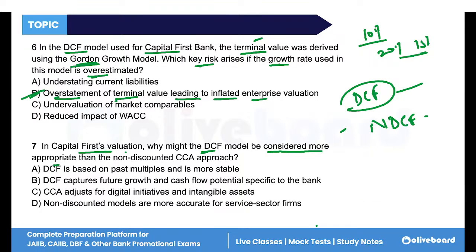By doing the discounting, you will get the present value of all your future cash flows. So it depicts the more appropriate version. So DCF captures future growth and cash flow specific to the bank. That is why Capital First Bank has opted for the DCF approach rather than the non-DCF approach.